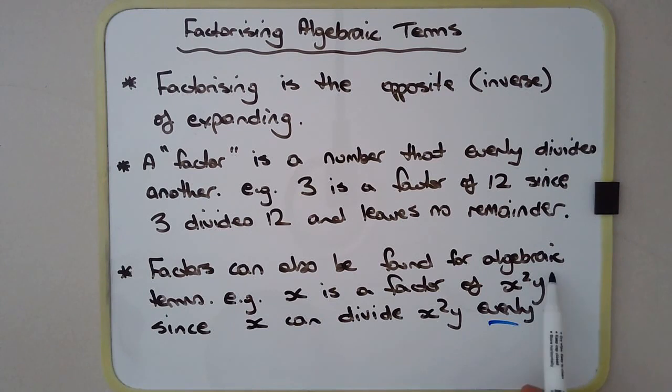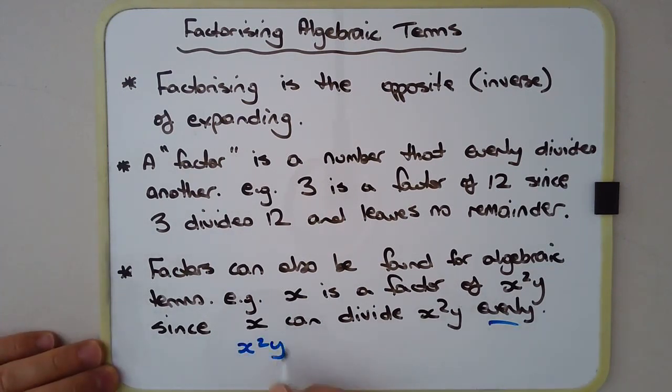Factors can also be found for algebraic terms, in other words, pronumerals. As an example, x is a factor of x squared y, because x can divide x squared y evenly. Let's have a look at an example where we actually divide them.